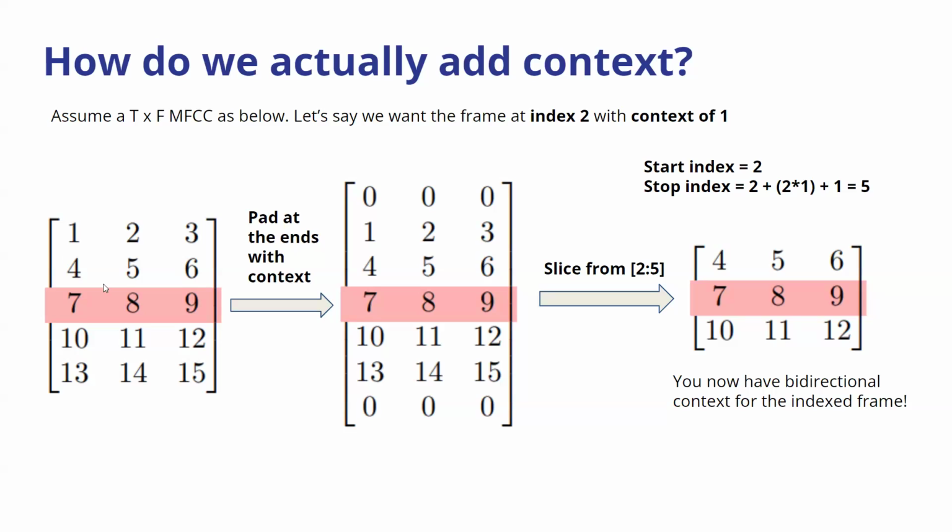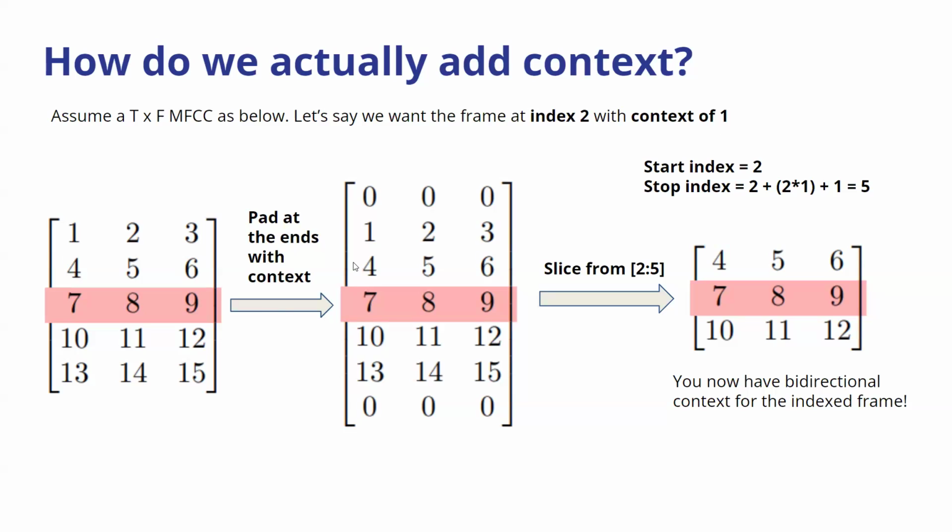The first thing is you pad it at the ends with rows of zeros. The number of rows of zeros you pad with equals the context. In this case we had 1 row of zeros because we want a context of 1 at the top and at the bottom. You can think of this as extending it along the time scale.